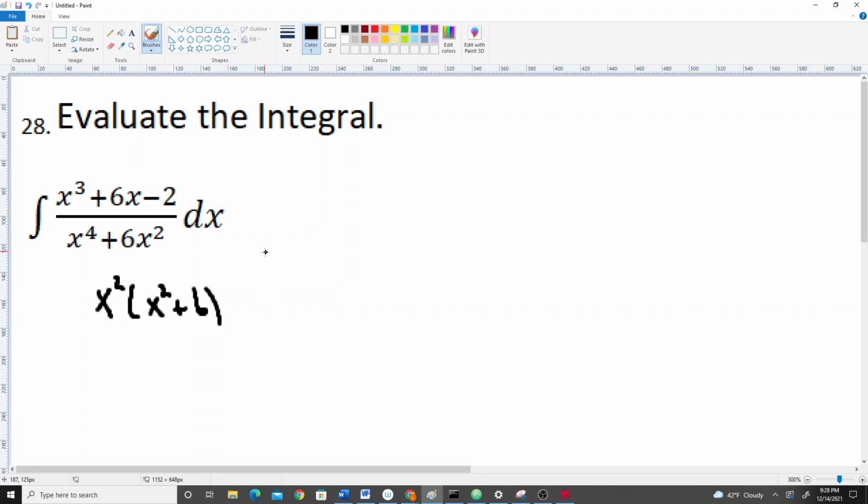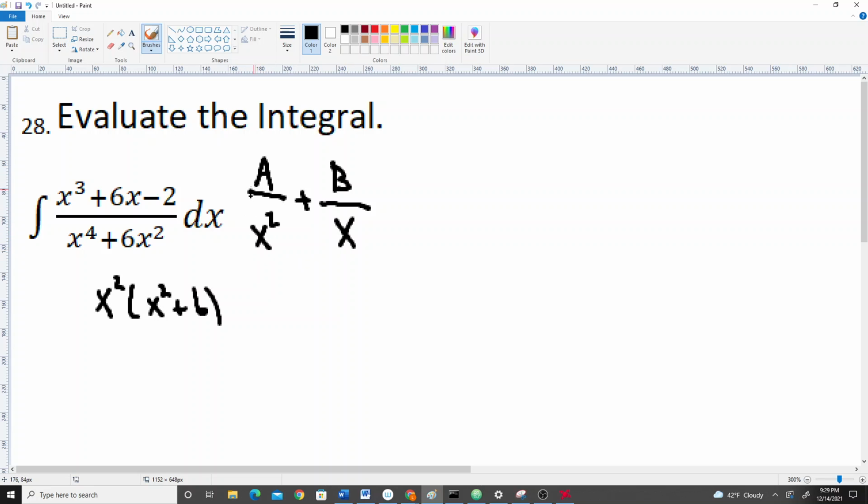Okay, so when we do partial fraction decomposition, we write it as a over x squared, and then you have plus b. Whenever you have something to a power, that power keeps decreasing by 1 until you get to the first power.